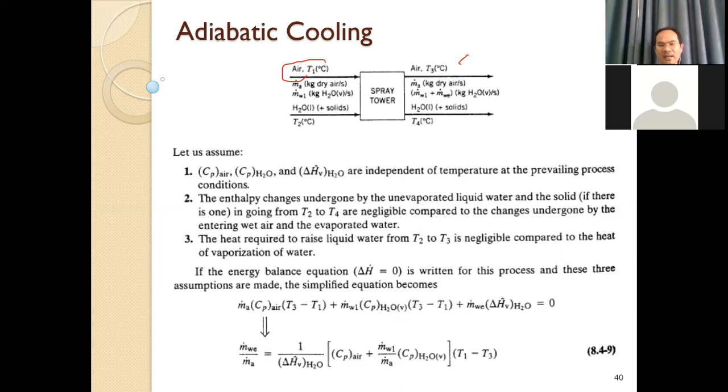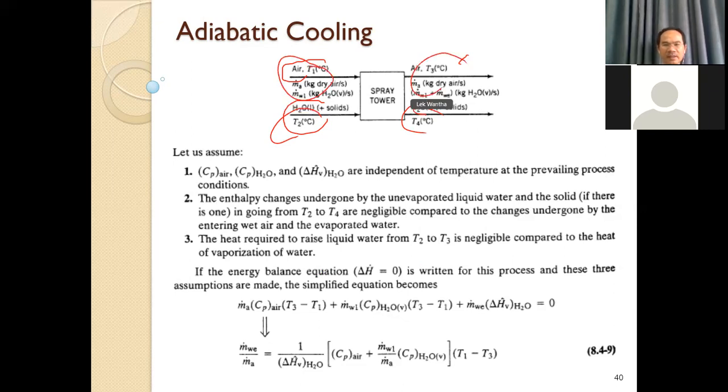And the entropy change undergone by the unevaporated liquid water or solid, going from T2 to T4, is negligible compared to the air. What does it mean? The difference in entropy between liquid inlet and outlet can be neglected because it is quite low compared to that of the air inlet and outlet.